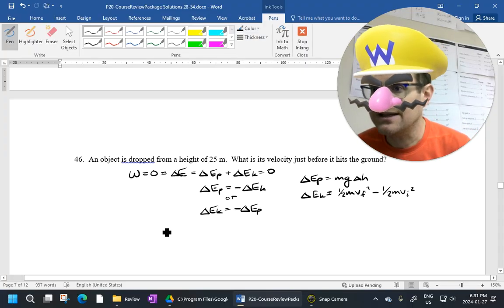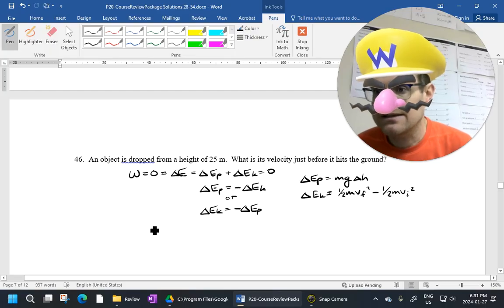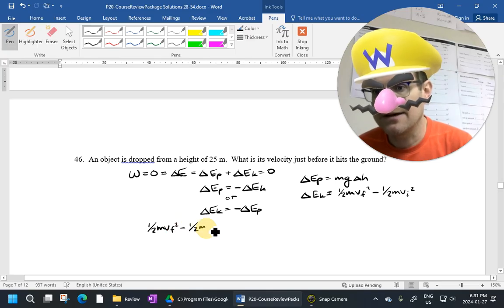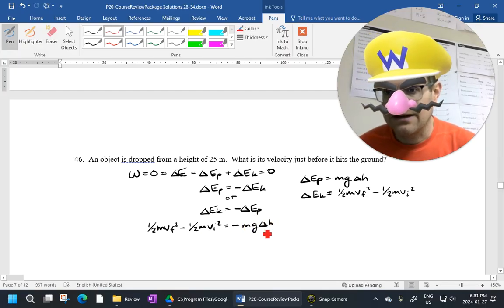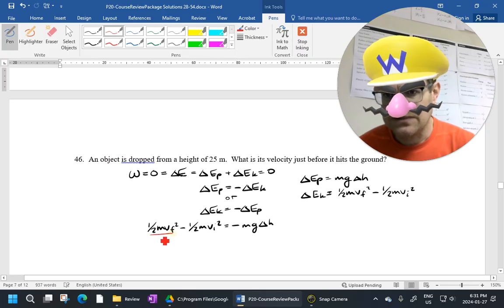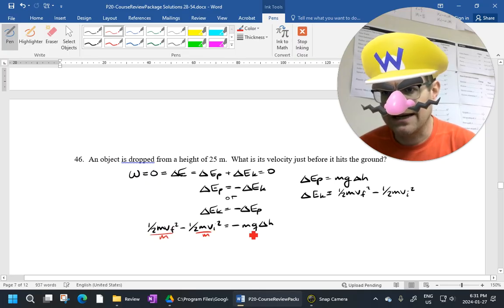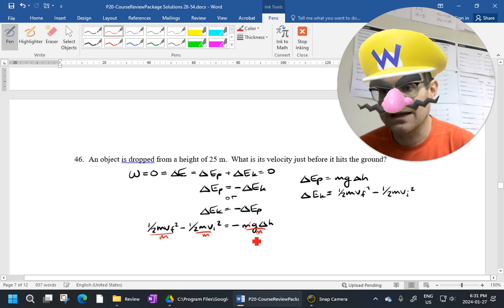So what I'm going to do is write this out. I can say that 1/2 m vf squared minus 1/2 m vi squared, we'll talk about vi squared in a second, is equal to negative m g delta h. What you notice is that everything has an m in it. So when I divide everything by m, you notice that all the m's cancel out.